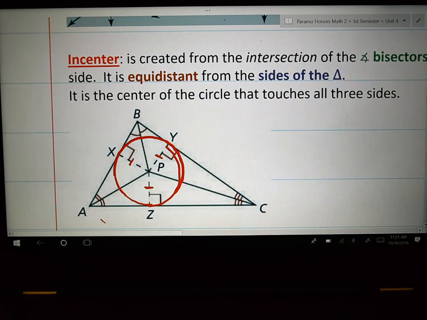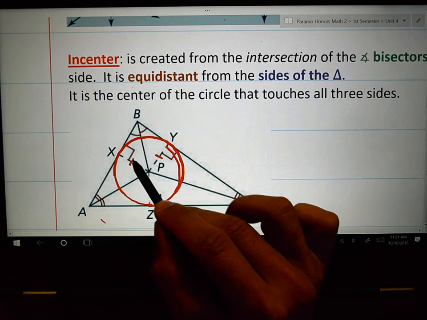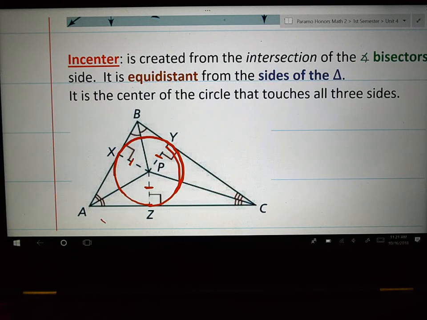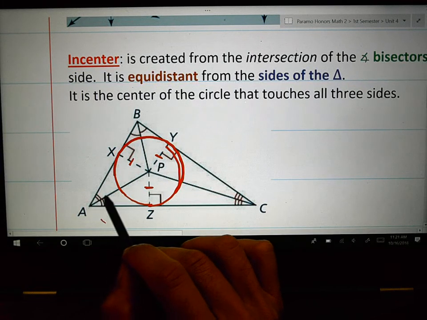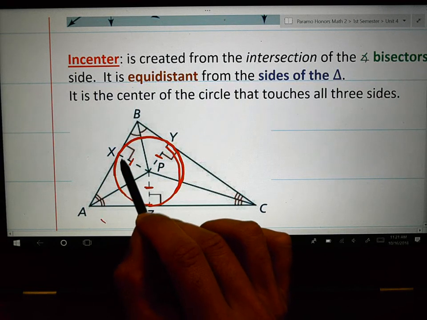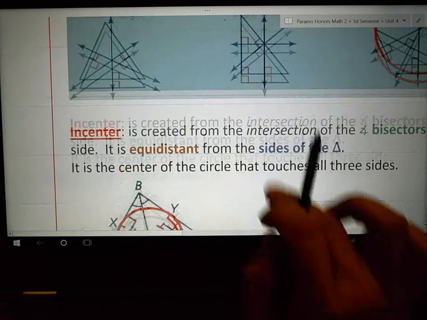Trying to make it work. You see how you can get that circle just inside, touching all 3 sides, because these 3 distances are the same to each of the sides. It's created by something on the angle bisector that makes those perpendiculars congruent to each other.